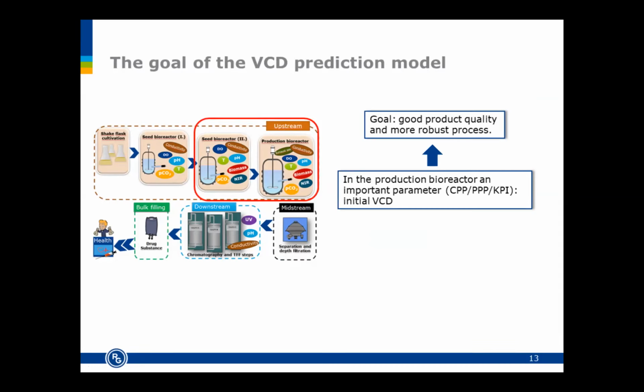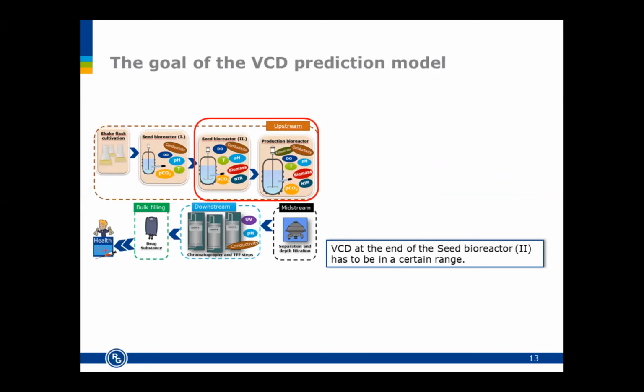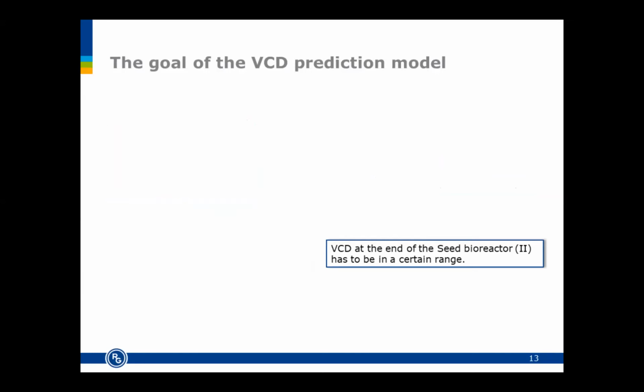So it should be in a predefined range in order to achieve good product quality at the end of the process. In order to achieve this, the VCD values need to be in a certain range at the end of the seed bioreactor 2 step.